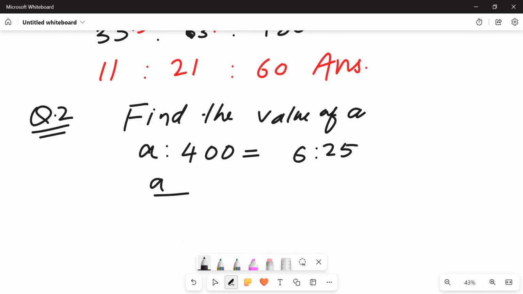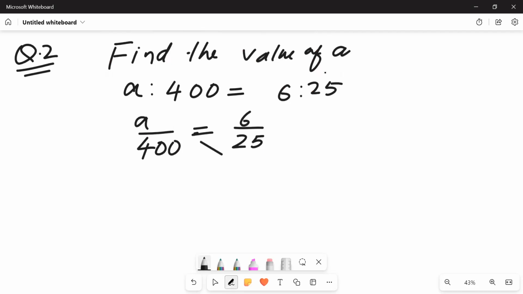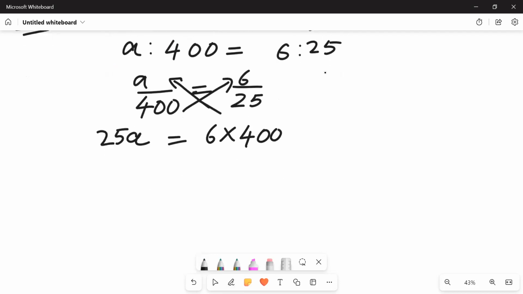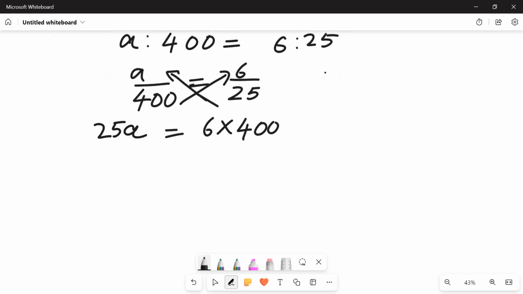Now we can write this in this form, 6 over 25. Now cross multiply. By cross multiplication, this 25 will multiply with a, and 6 will multiply with 400. 6 times 400 is 2400. Yes, so it is 2400.